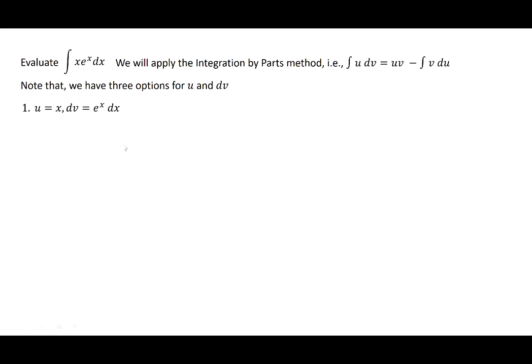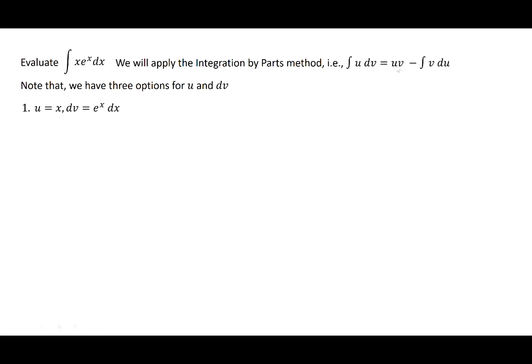If I asked, what is dv? The derivative of e to the x is e to the x, so dv is e to the x dx. So in order to go from v to dv, we would have differentiated. Now to go from dv to v, you just reverse the process, which is you integrate. So by integrating dv, we get v.